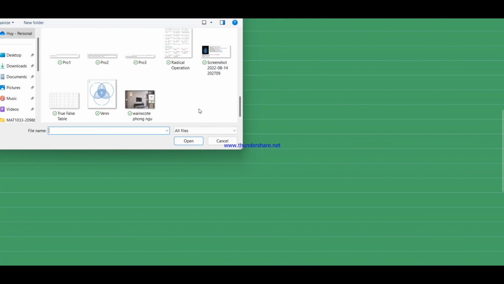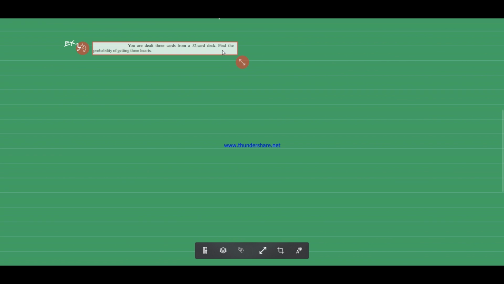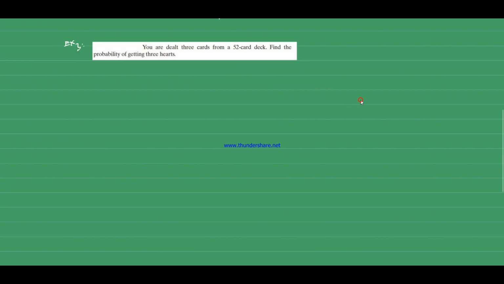Find the probability of getting 3 hearts. So how many hearts do we have over here? We have 13 hearts out of 52. Then the second heart will be 12 over 51 and 11 over 50.